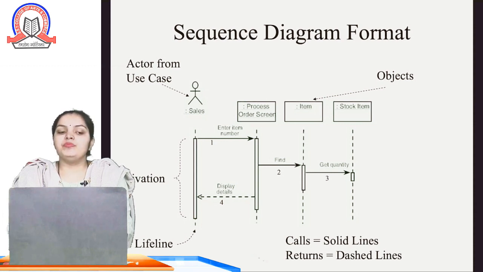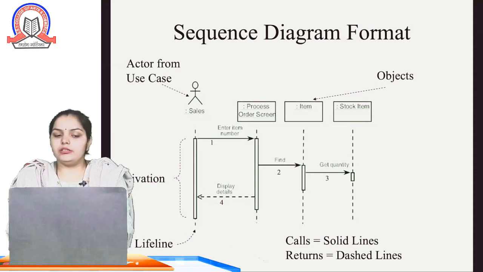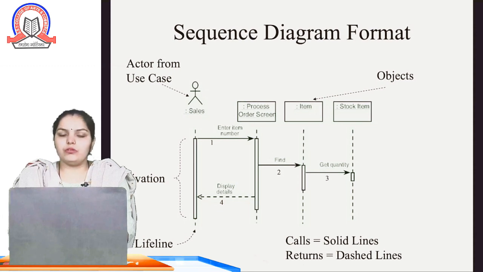In that, the actor will enter the number, and then it will find the item using that number, and then in the stock items you will get the quantity, how much quantity is there, and then it will return those details to the sales. So this is nothing but the sequence of the messages between the different objects and the actor of the system or any project or software.